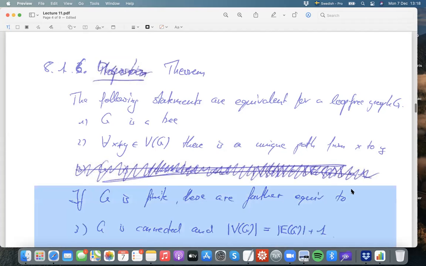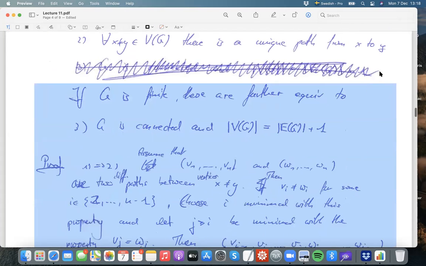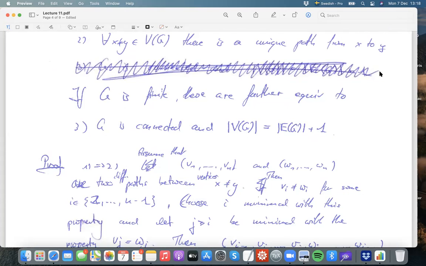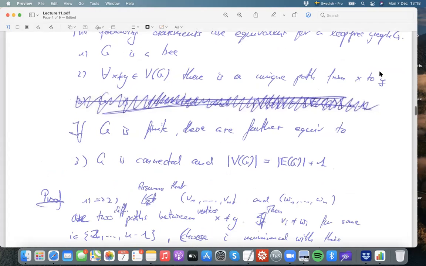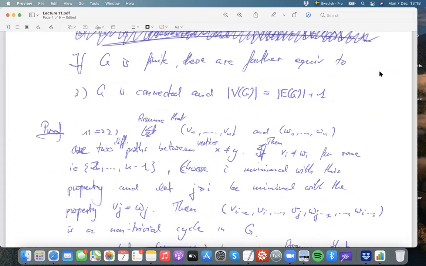Okay, so why is this true? Let's see. Say 1 implies 2.